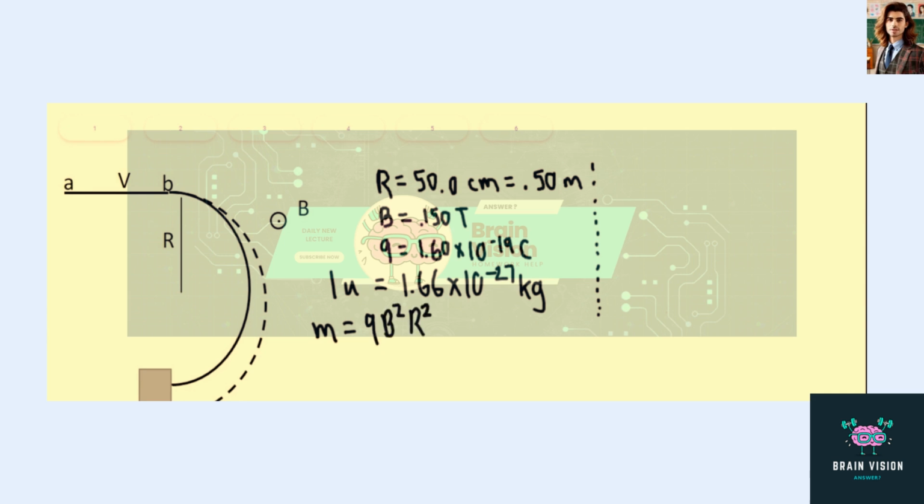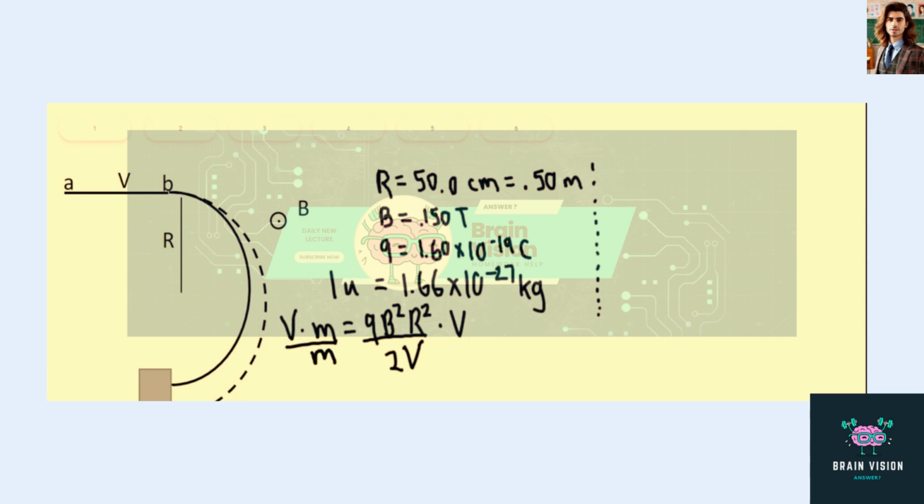So if we start here with the mass formula that we just obtained, we can write it as before: QB squared R squared over 2V. We can literally just multiply both sides by voltage and divide both sides by mass.